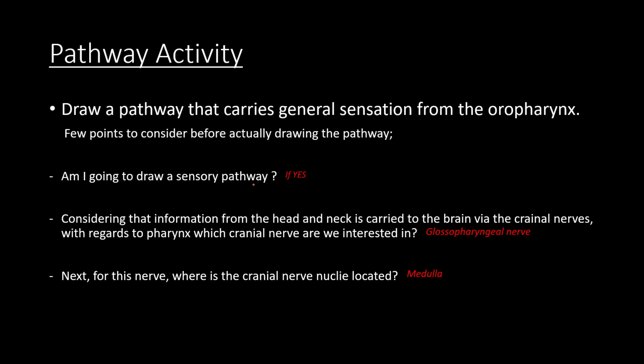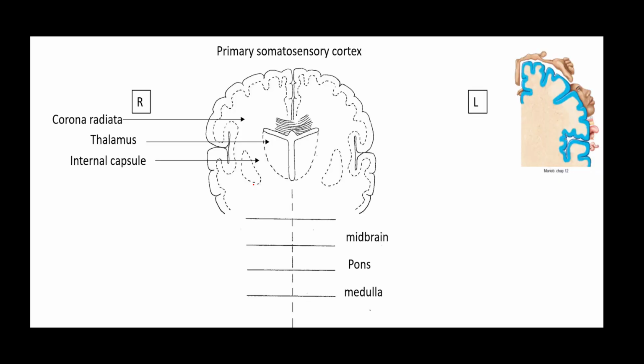With this information now, let us attempt to draw a general sensation from the oropharynx. Here I have not shown you the spinal cord because the general sensation is coming from the neck above.